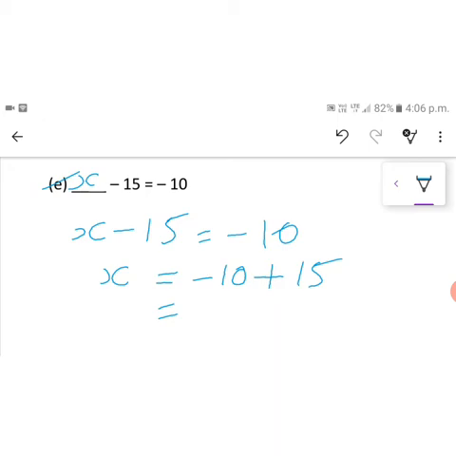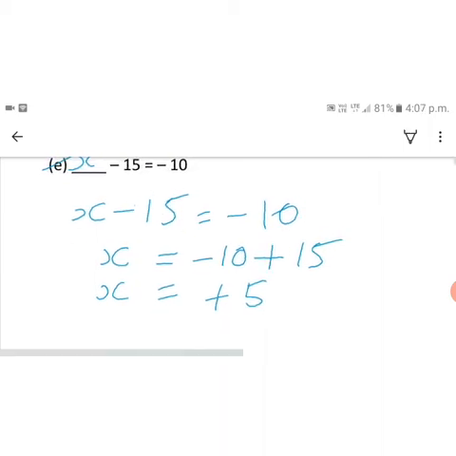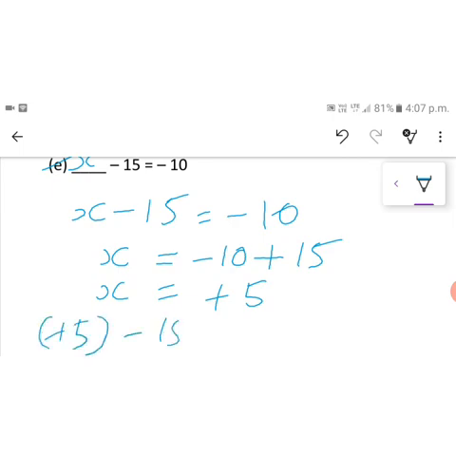We get 5. And give the bigger number sign. The bigger number is 15. The sign of the bigger number is plus. Therefore x equal to plus 5. Plus 5 minus 15 equal to minus 10.